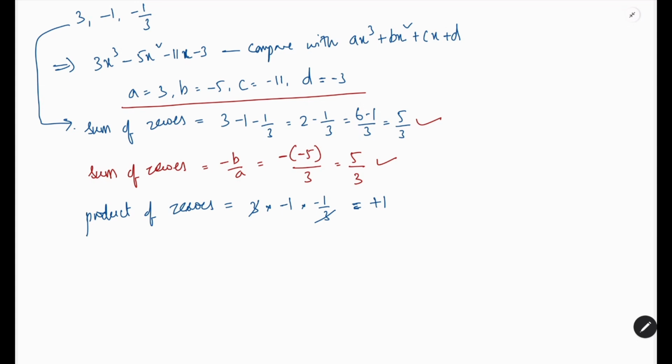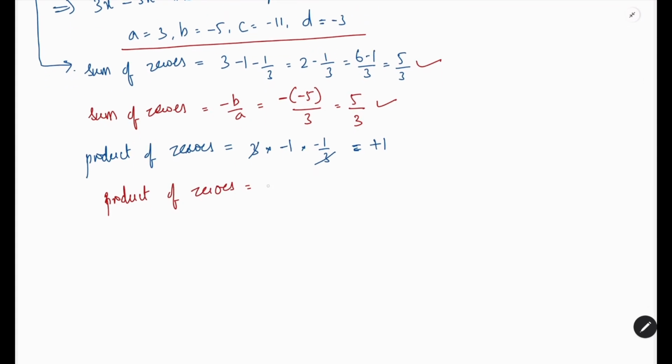Now with this formula, product of zeros equal to minus d by a. D is minus of minus 3, minus of minus 3 by a which is 3, minus into minus plus, 3 by 3 equal to 1. Both are the same.